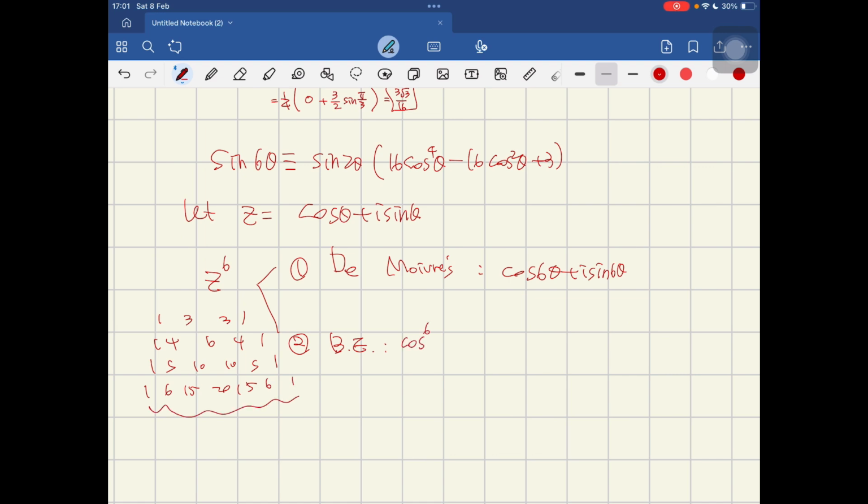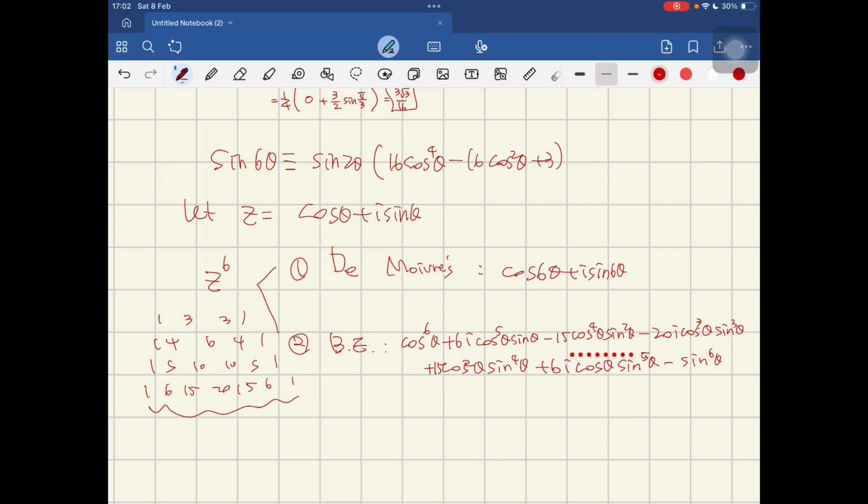So cos to the power of 6 theta plus 6i cos 5 sine 1 minus 15 cos 4 sine squared minus 20i cos 3 sine 3, plus 15 cos 2 sine 4, plus 6i cos theta sine 5, and minus sine to the power of 6, because i to the power of 6 is i to the 4 times i squared, minus. Yeah, this is the one.